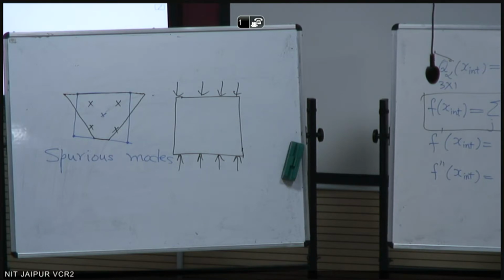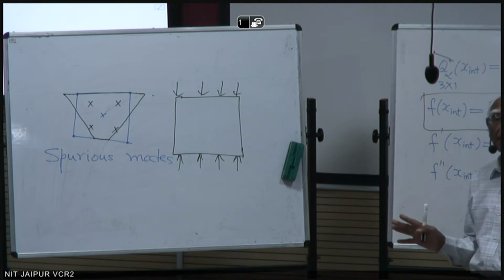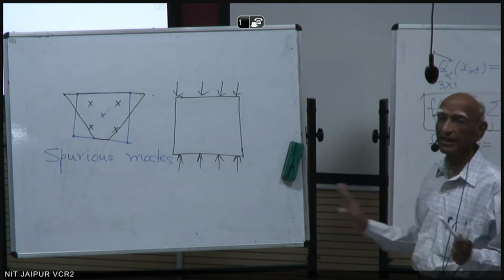It's homogeneous deformation. So if you plot the stress strain curve, effective stress versus effective strain, for each one of those elements, you should get the same curve.